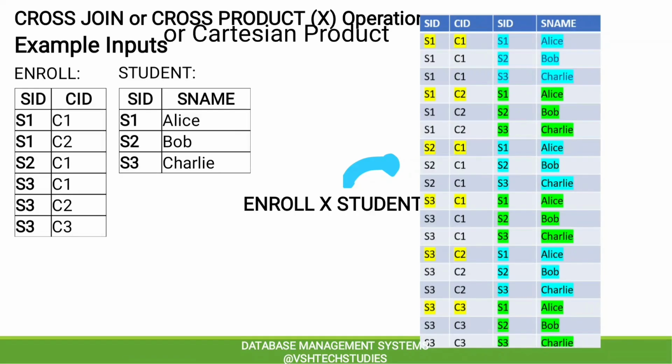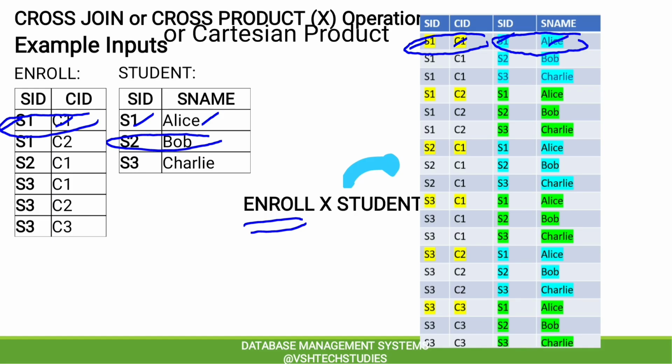If you observe closely, the first row from the enroll table, S1 C1, is joined with the first row of the second table, S1 Alice. So S1 C1 S1 Alice: the first two are from the first row of the first table, and this is from the first row of the second table. Now this first row is joined with the second row, then with the third row.